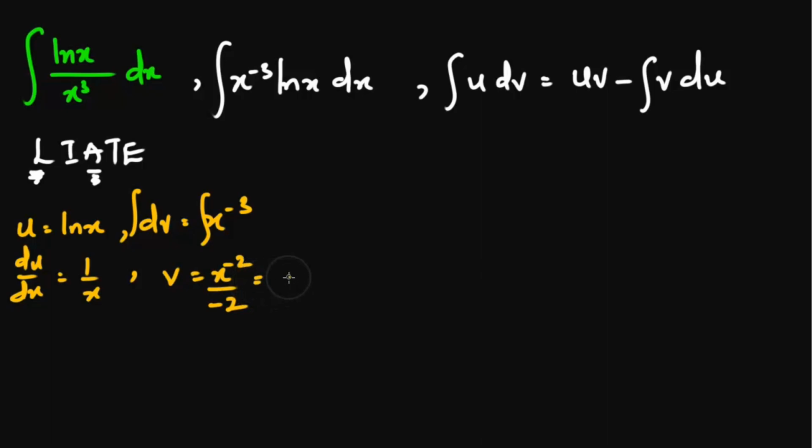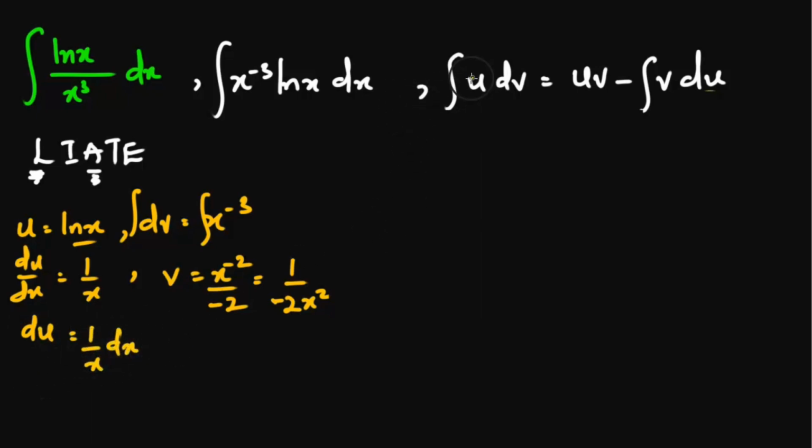Okay, and we can rewrite this as 1 over minus 2x squared, right? This looks much better. Okay, and from here we can say that du is equal to 1 over x dx.